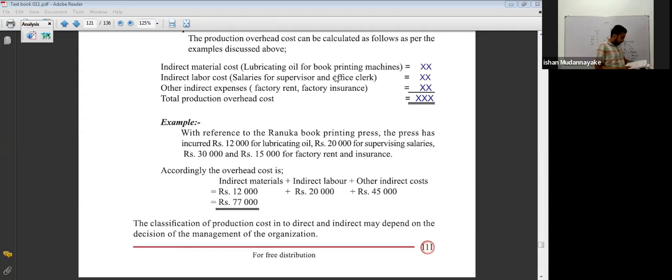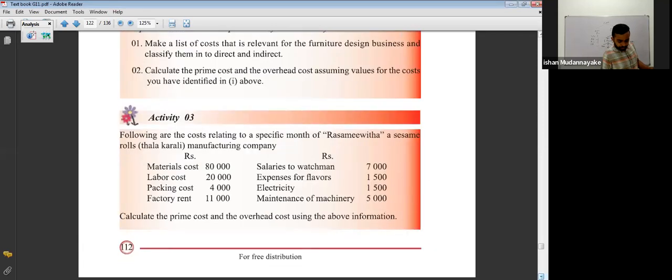We will discuss activity 3, page 112. Ramesh, did we discuss activity 3, page 112? No, sir. Right, we'll discuss activity 3. Students, look at activity 3.